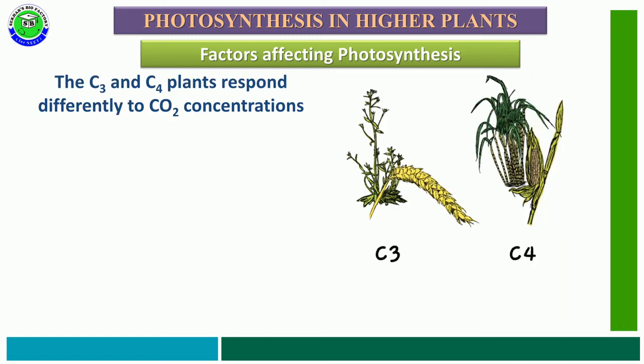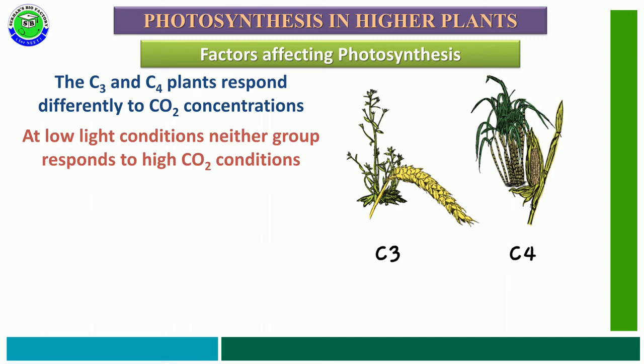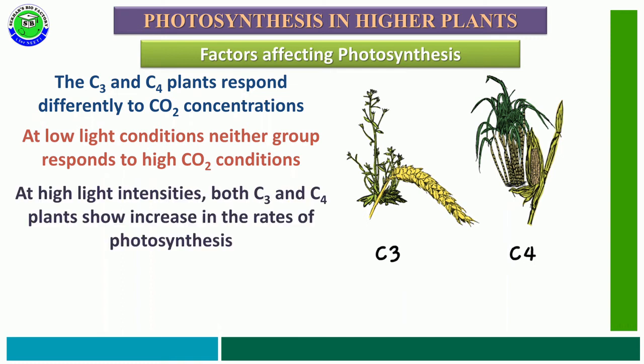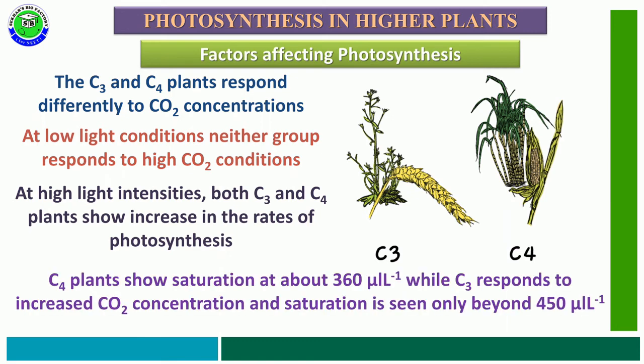Both C3 and C4 plants respond to carbon dioxide concentration differently. At low light conditions, neither group responds to high carbon dioxide concentration, but at high light intensity, both C3 and C4 plants show an increase in rate of photosynthesis.